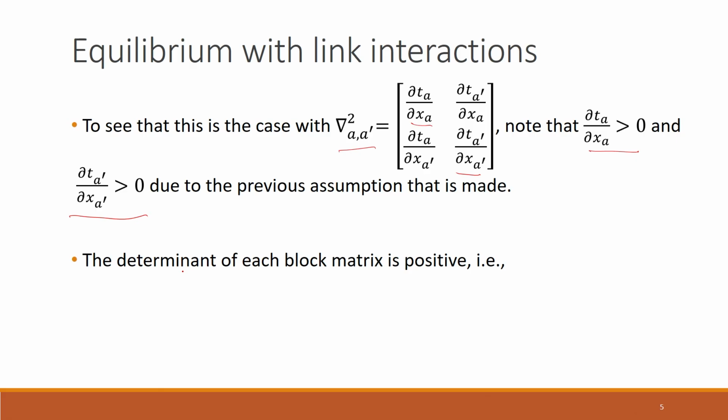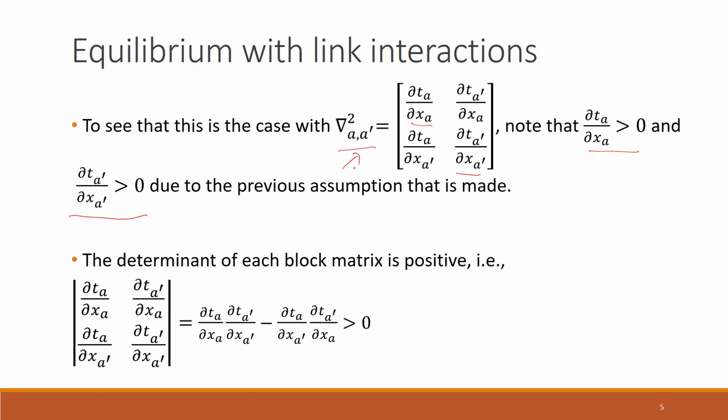Now, what remains to be argued in order to show that this block matrix is positive definite is that the determinant of this matrix is positive. The determinant of this matrix is this here. So, we multiply this with this minus this with this. Now, this is positive. Why?